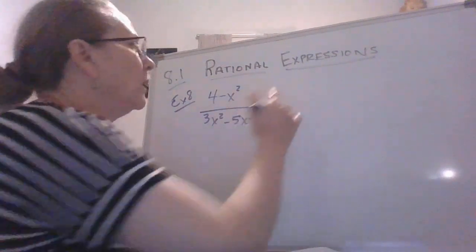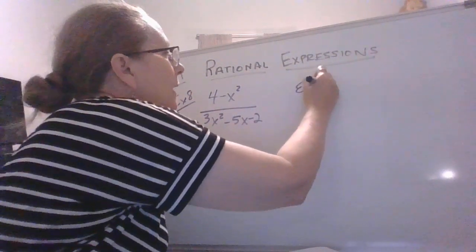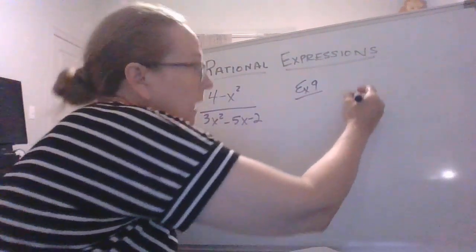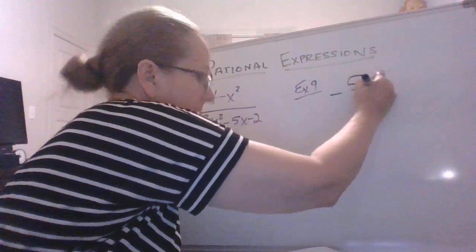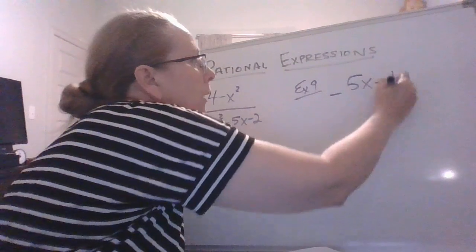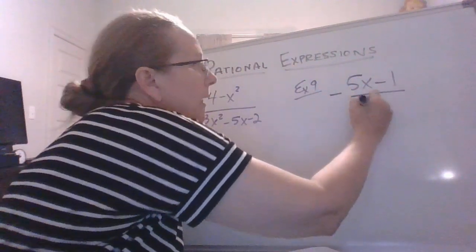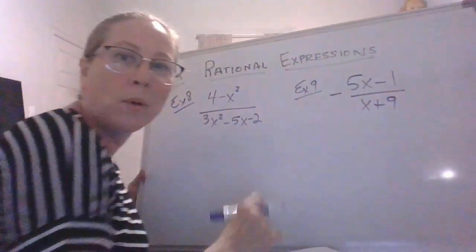While I'm here, I'm going to go ahead and write up the next example on the side, example 9, and write negative 5x minus 1 over x plus 9. And we'll get to that one in a moment.